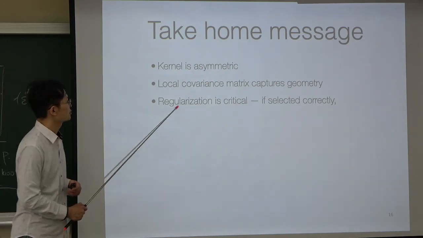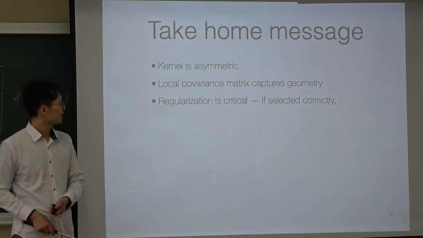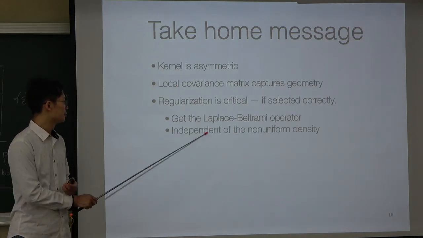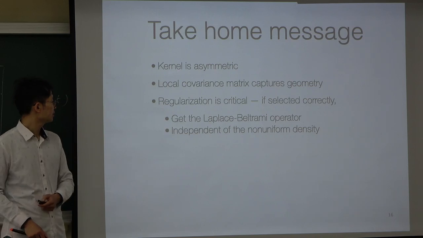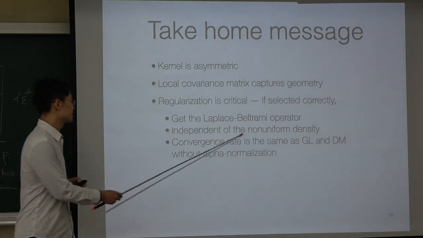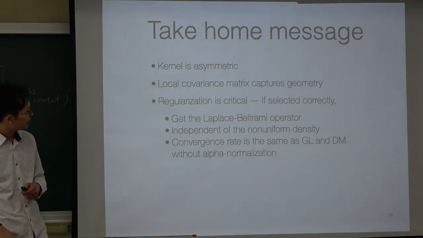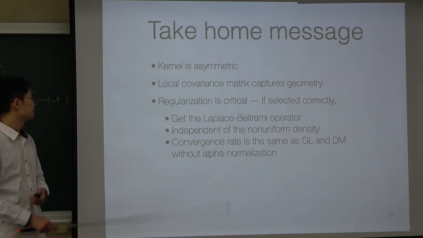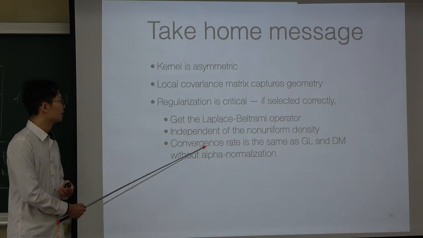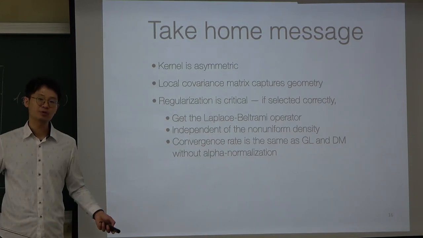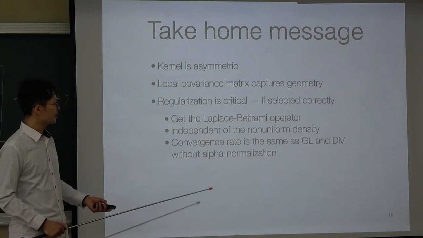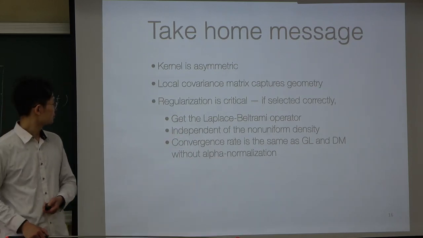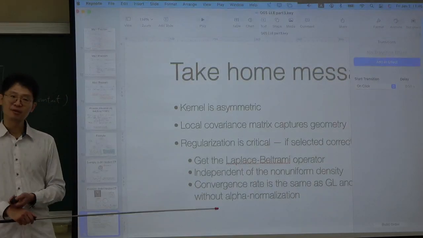Regularization is critical. If you select it correctly, you can get a Laplace-Beltrami operator. It will be independent of non-uniform density, and the convergence rate is the same as graph Laplacian and diffusion map with alpha normalization, which is nice. This convergence rate is pointwise, and you can generalize the spectral convergence to this setup when there's no boundary. Okay, but that we do not discuss. That is it for this one.